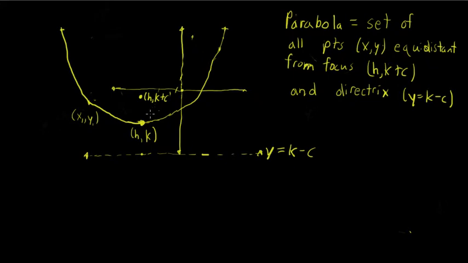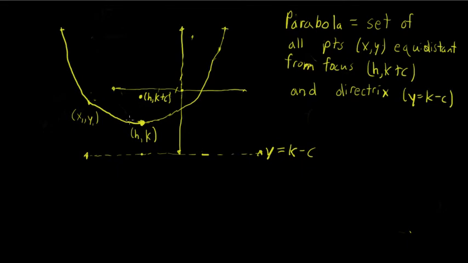But before we derive that equation, I'm going to point you to some general features of the parabola. This is the vertex here, and it's labeled HK. This is the focus. It's HK plus C. So the x coordinate is the same as the vertex, while the y coordinate is C above the vertex.